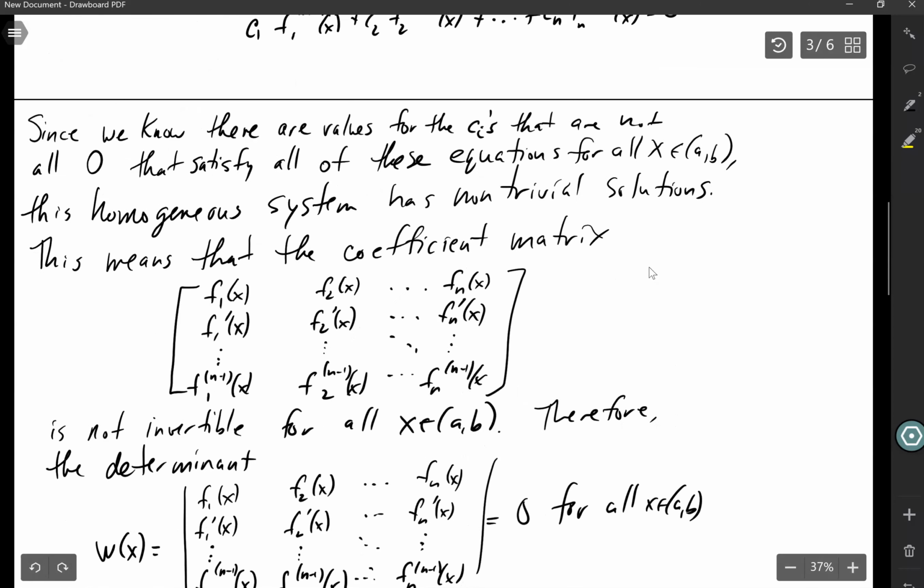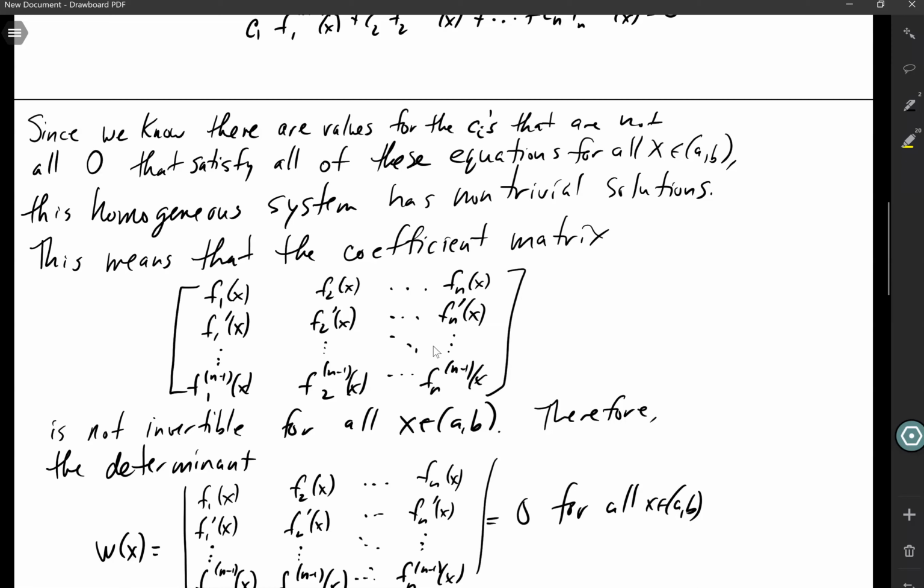All right. So what that means is that if it's non-trivial solutions, if I write this in matrix form, and in particular if I concentrate on the coefficient matrix here, that coefficient matrix cannot be invertible, right? Remember, being invertible is equivalent to the homogeneous system having only the trivial solution.